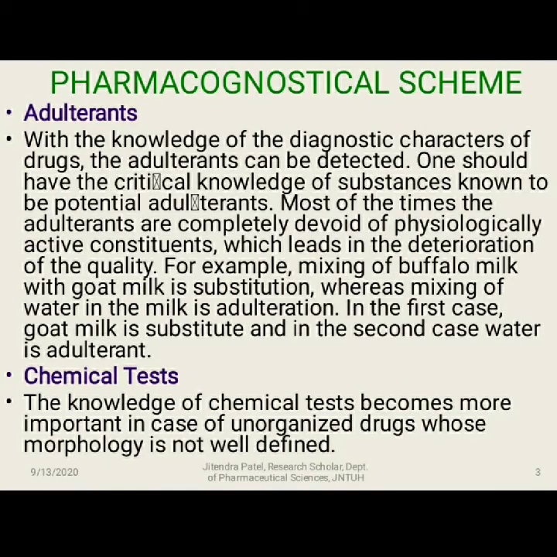Suppose it is senna, which has anthraquinone glycosides. For anthraquinone glycosides we can perform the Borntrager test. Similarly, aloe vera juice is actually used as a crude drug. So juice is an unorganized crude drug. When it comes to unorganized drugs like juice, we cannot go for transverse section or microscopical examination.